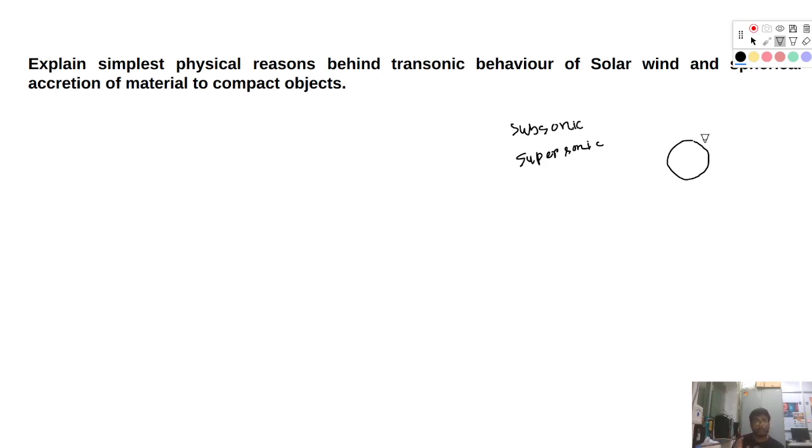So therefore, now in the corona you have a hot corona, and as the solar wind goes into the heliosphere, your energy is conserved somehow. Now if energy is conserved, we have kinetic energy.